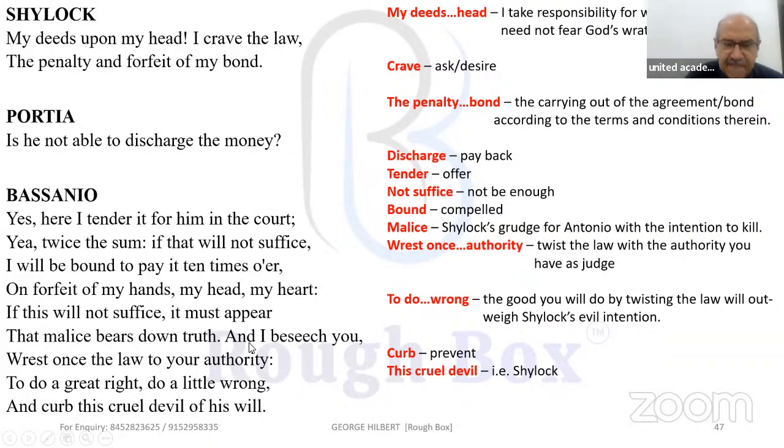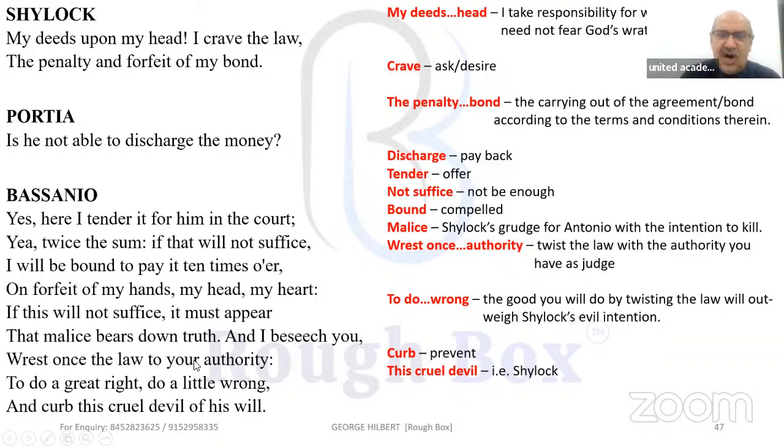And I do beseech you. So, keeping that in mind, that Shylock has a need for revenge, a grudge against Antonio, malice against Antonio, I beseech you. He's talking to Portia, who's the judge. I request you to bend the law to your authority.